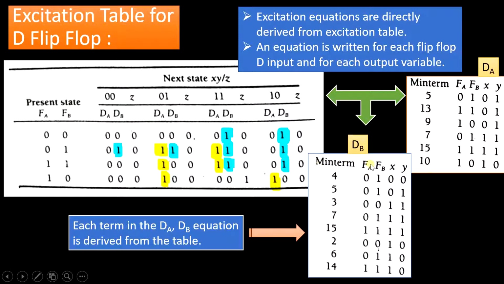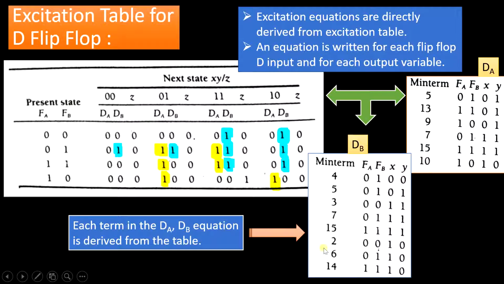Again the minterm will be written in the form FA, FB, X and Y. For that you have 0, 1, 0, 0 corresponding to 4, 0, 1, 0, 1 corresponding to 5, 0, 0, 1, 1 corresponding to 3, 0, 1, 1, 1 corresponding to 7, all ones corresponding to 15, 0, 0, 1, 0 corresponding to 2, 0, 1, 1, 0 corresponding to 6 and 1, 1, 1, 0 corresponding to 14.